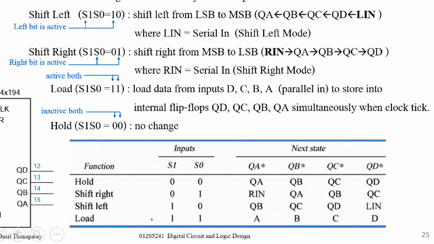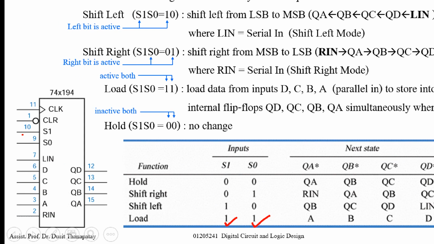And the last mode of this register is load, with S1 is 1 and S0 is 1. So it reads in parallel from input A, B, C, and D, or load, with multiple bit data at the same time.